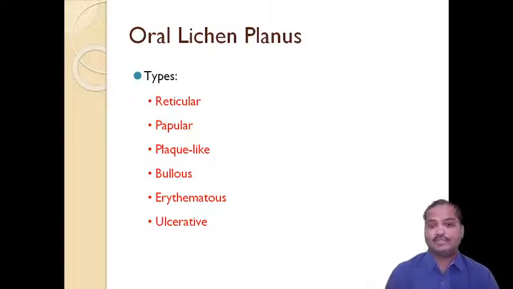It is associated with lichen planus also, when thin fine lines may be seen at the periphery of the lesion. Then the erythematous and ulcerative types have a reddish appearance or an ulcer in the lesion, with thin white lines present at the periphery, which is characteristic of oral lichen planus.